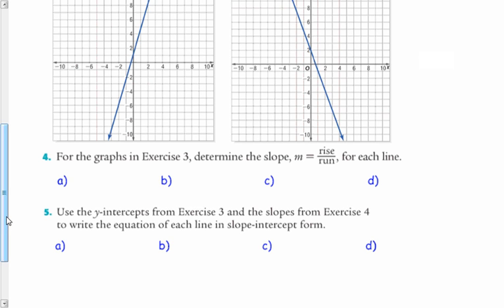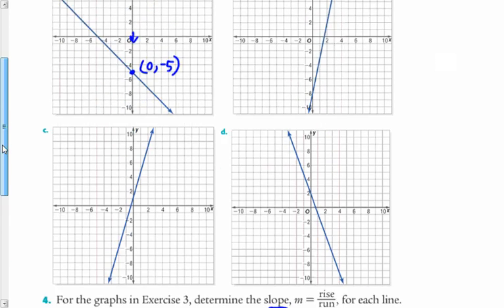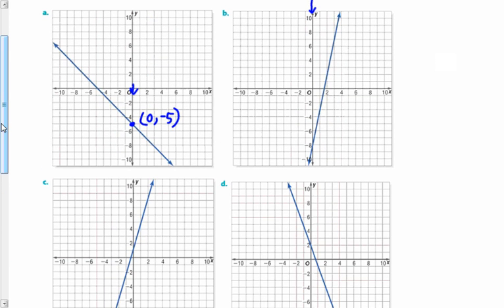And then for number 4, it says for the graphs in exercise 3, determine the slope, the rise over run. So to do that, I'm going to pick 2 points on here that look like they cross on this line, and it looks like it's going like that.